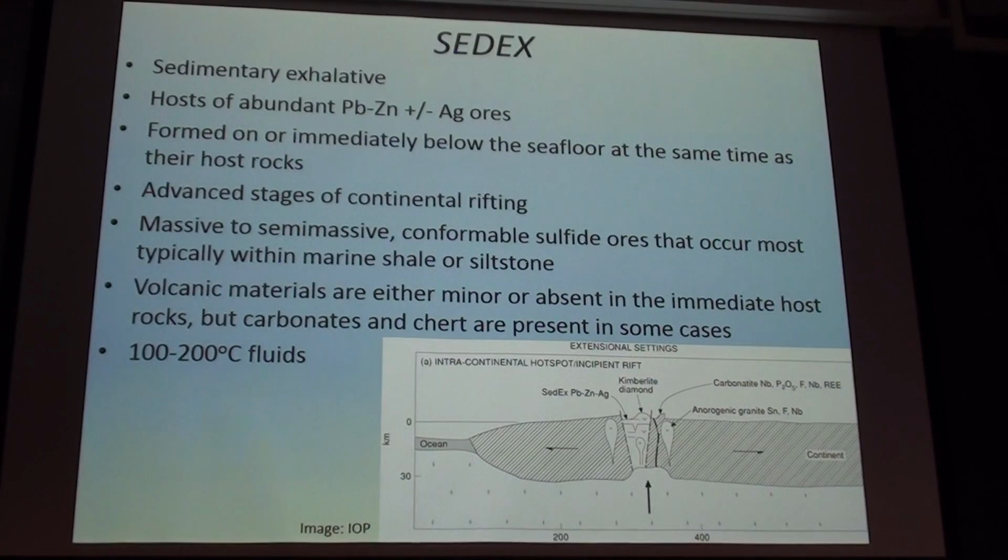The next deposit along the spectrum is SEDEX, which stands for sedimentary exhalative. And these are usually deposits that are mined for lead and zinc, plus some silver.